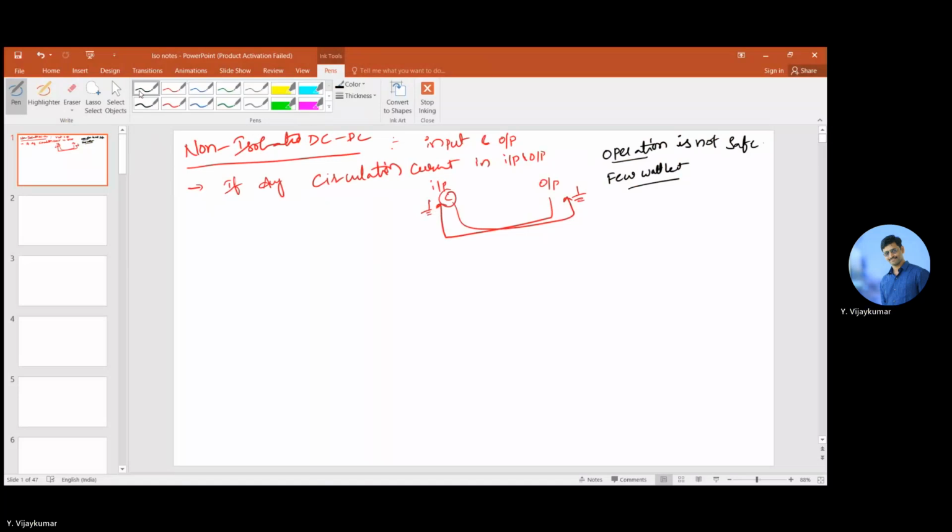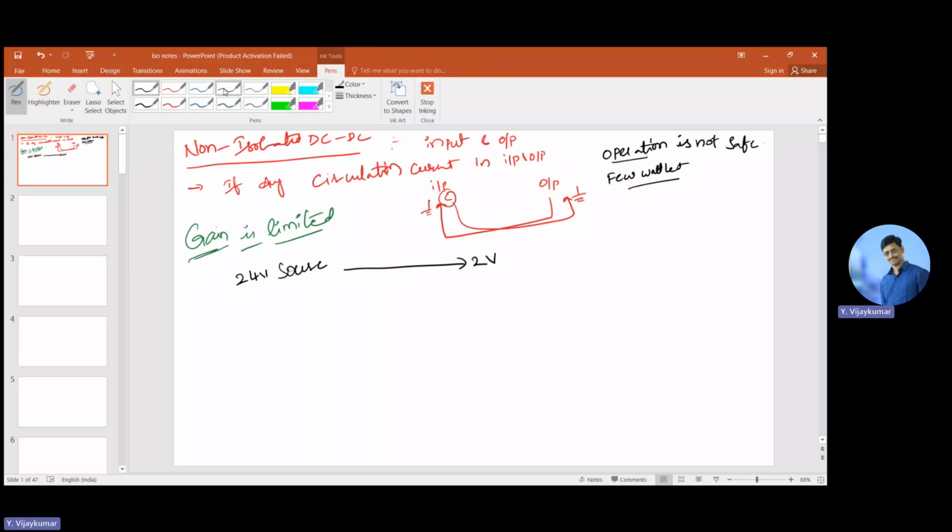Now, what is the gain when you are talking about the non-isolated converter? The gain is limited. For example, you have a 24-volt source and you want to convert it into 2 volts.